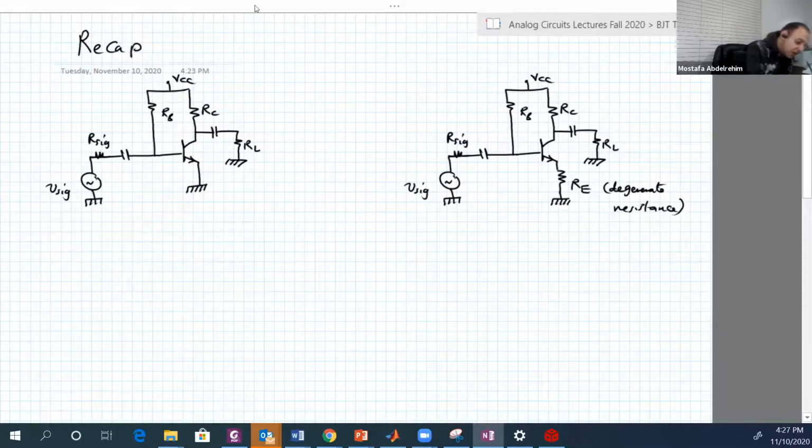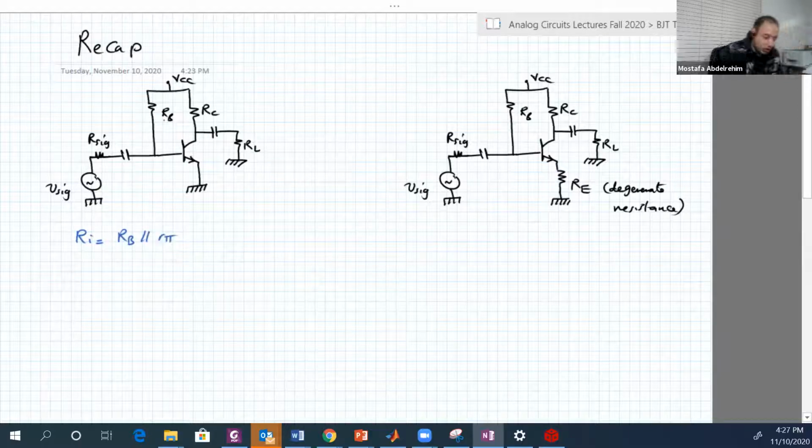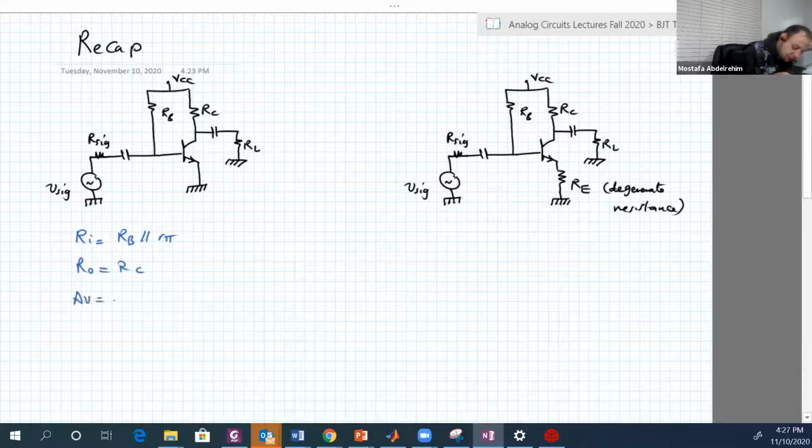We said that for the first amplifier here, Ri is equal to RB parallel to r pi, RO is equal to RC, and AV is equal to minus gm RC parallel RL.